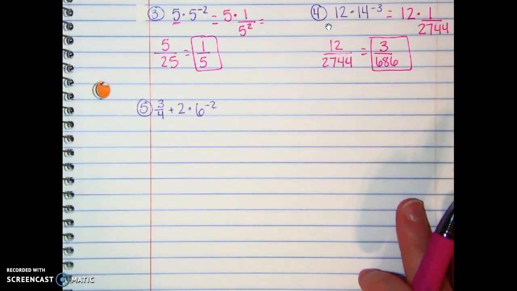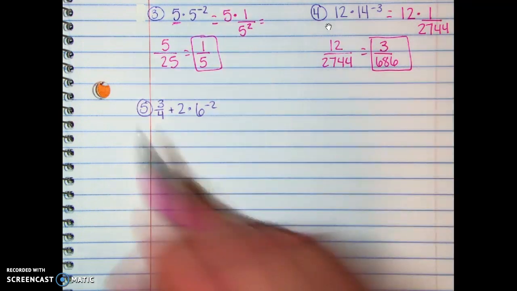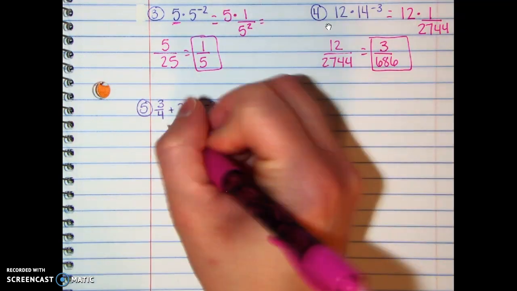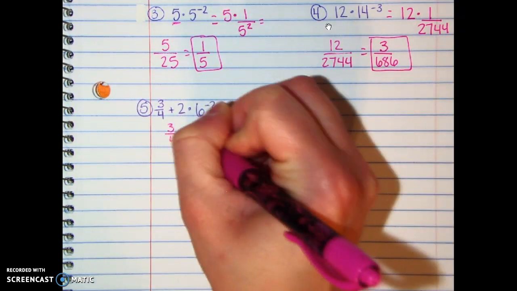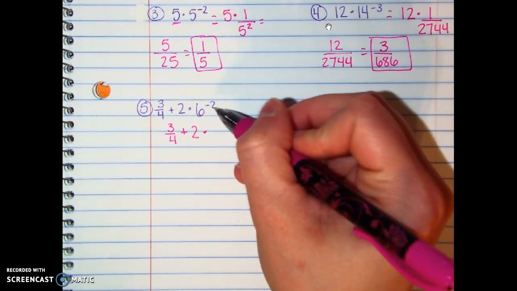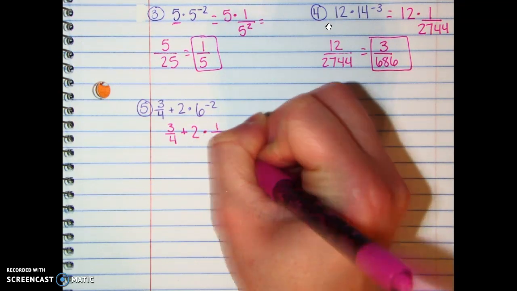For this one, you have to follow order of operations. So remember, you multiply and divide before you add and subtract. So when you're adding 3/4, that should be your last step. So to do this, we're going to keep that as 3/4 plus 2 times, and then 6 to the negative second is 1/36.